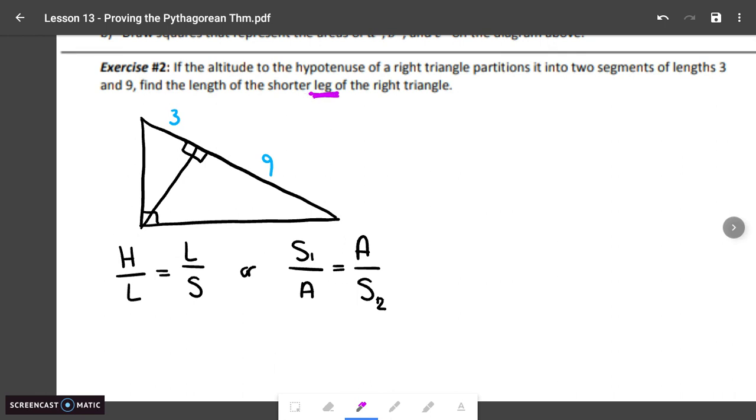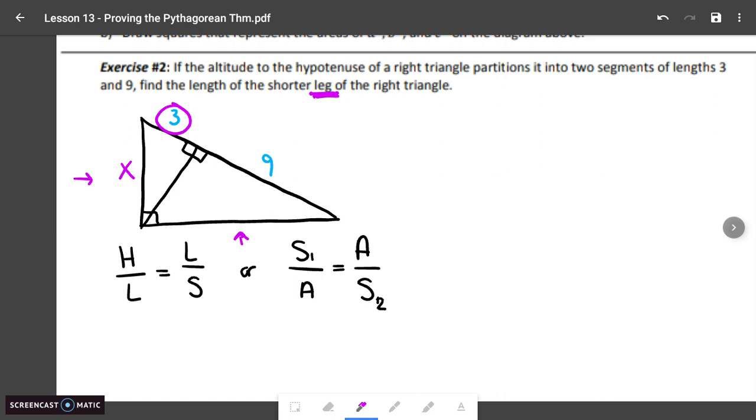So remember, the legs are the 2 sides of a right triangle that aren't the hypotenuse. So this is a potential leg and this is a potential leg. But the shorter leg is going to have to be here. Not just because I drew it that way, but because it pairs up with the shorter partition piece here.